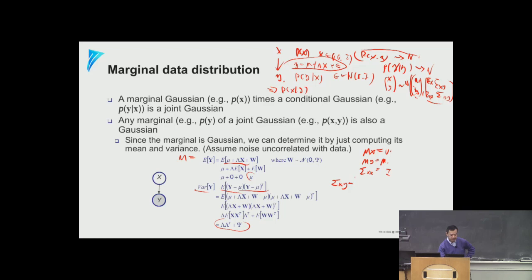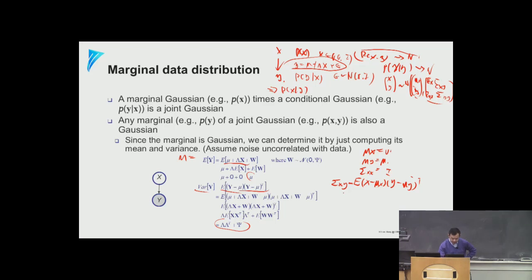The covariance of x and y is defined by the expectation of x minus mu x, and y minus mu y, with a transpose of that.